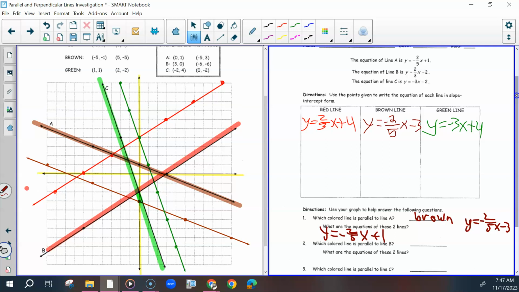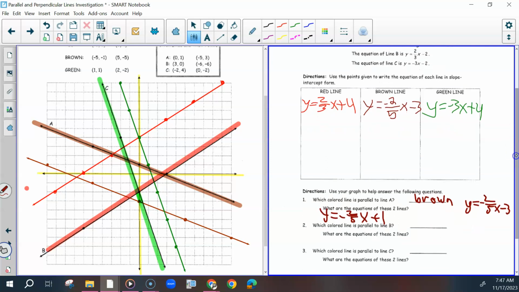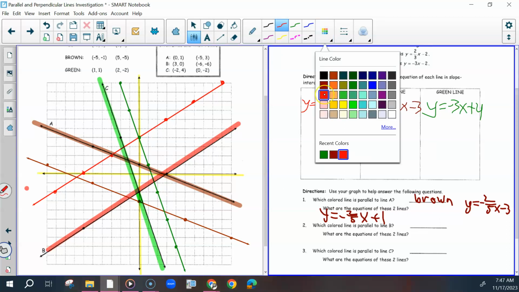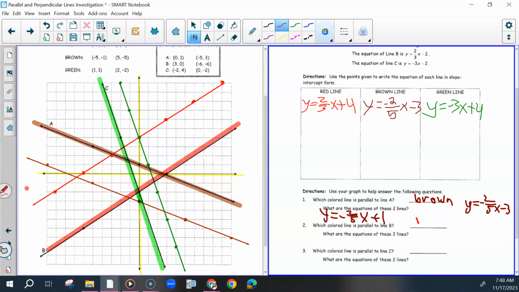Then it asks about line B. If I'm looking at line B, which is this one, which one would not touch that one? Red. So same as before, put red here and then put the two equations of line B and the red line.